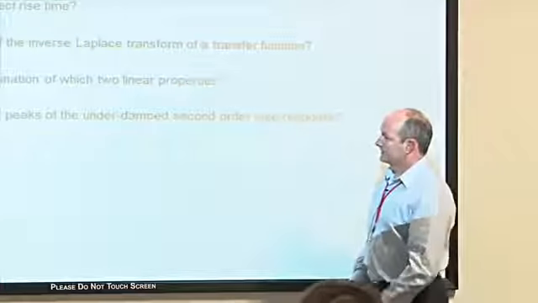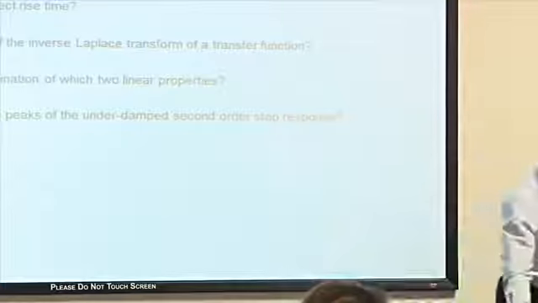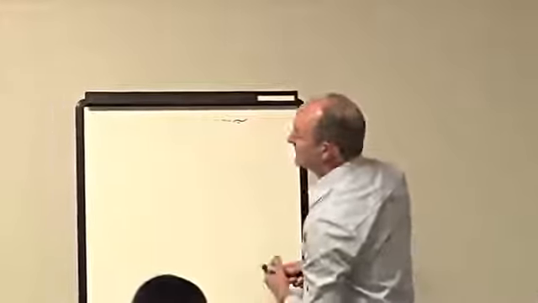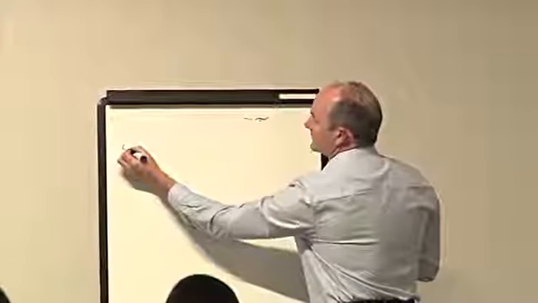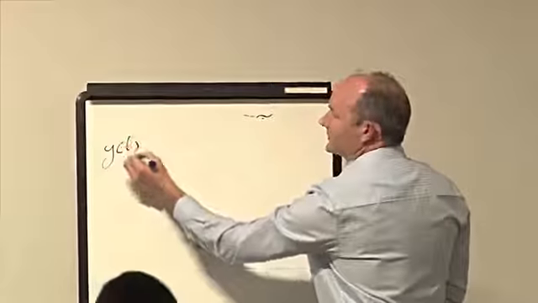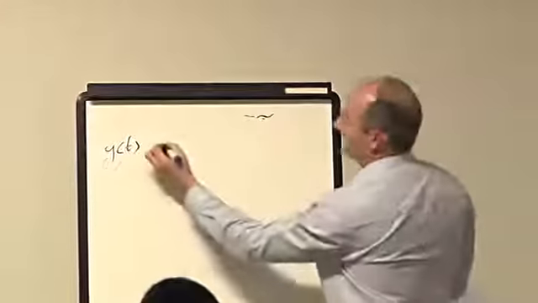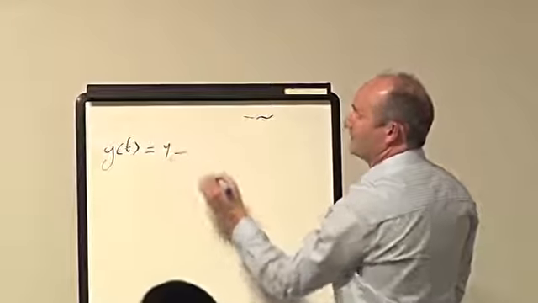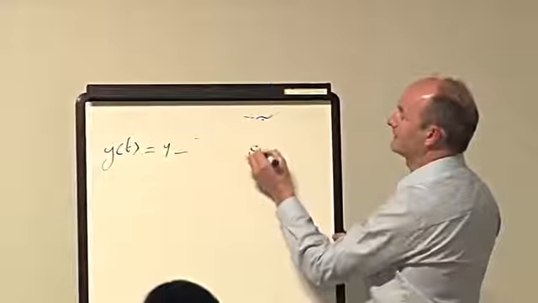Which term constrains, well, this is a nasty one. Which term constrains the peaks of the underdamped second-order response? Now, you can help me out here as I write this. So the second order response had a unit. I can hear you all leafing through the books trying to look the answer up. So let me put you out of your misery. It's 1 minus, right, now over here we had a term which was sine.